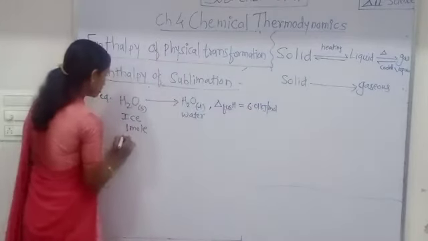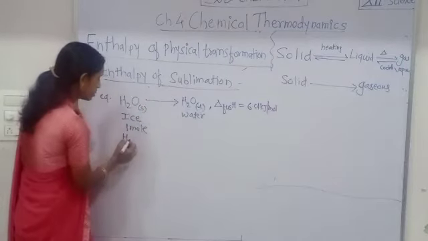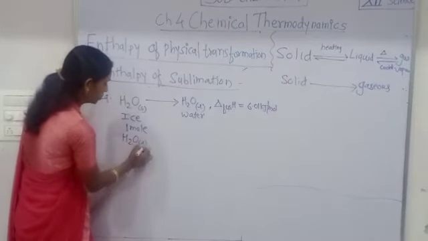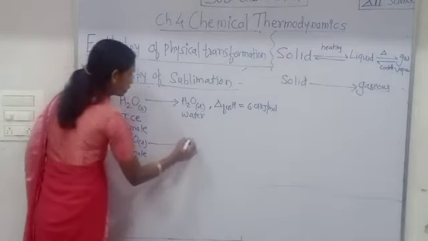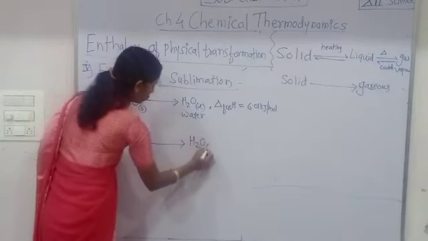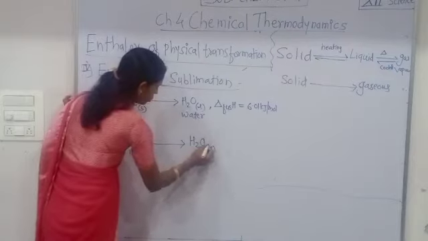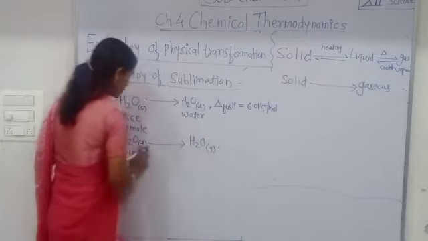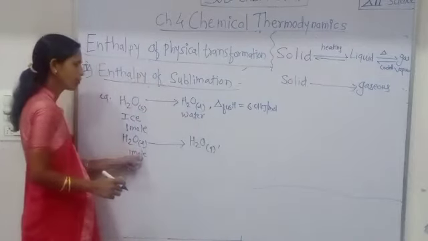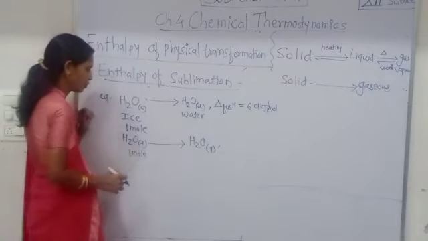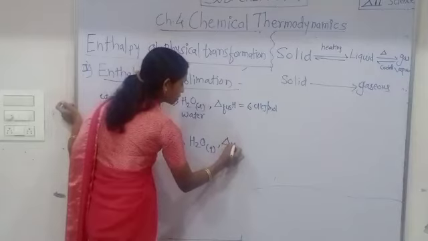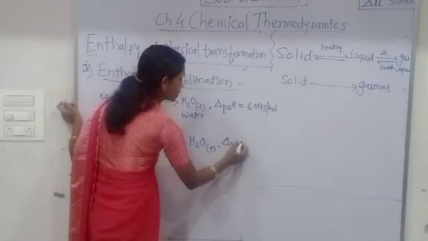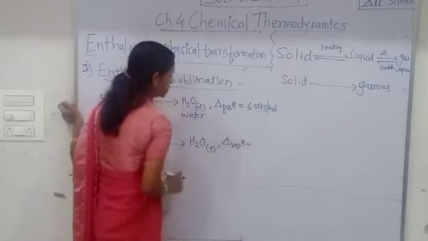Again one more process: 1 mole of liquid water is converted into vapors of water, and this process is a vaporization process, and the enthalpy which is related with this process is the enthalpy of vaporization.